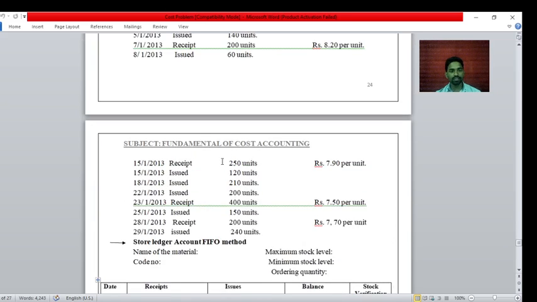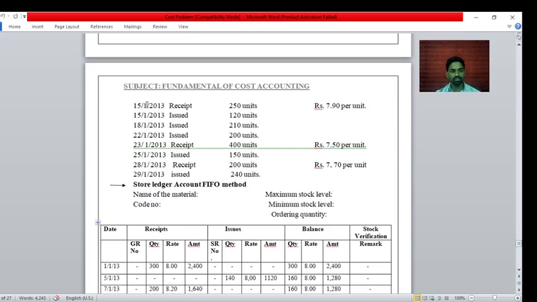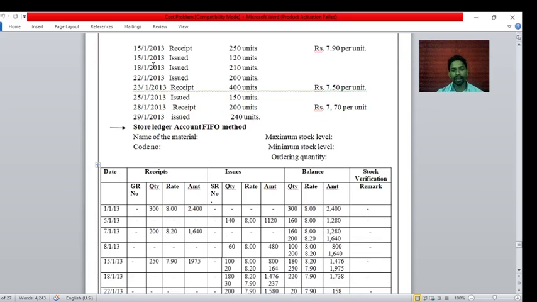Next, on the next date, just see here, 15th January 2013 receives 250 units at the rate of 7.90 per unit, as well as on 15th January 2013 issued 120 units.